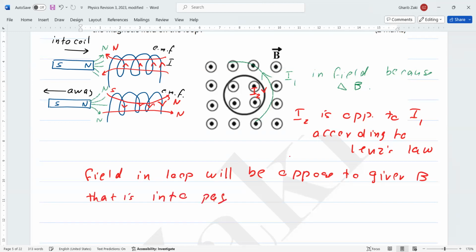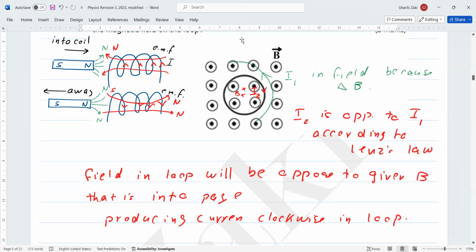So inside the loop, here we have B into the page, producing a current clockwise in the loop. Do you understand, guys? Yes, question? Please ask me if you don't understand, because everything must be clear.